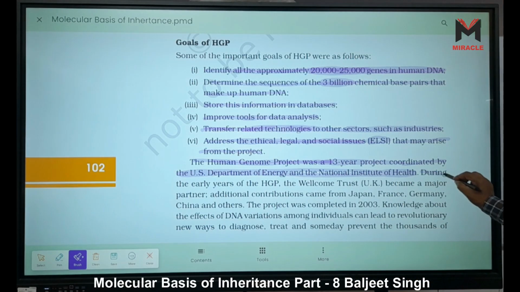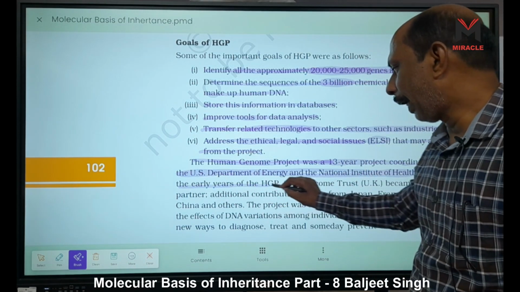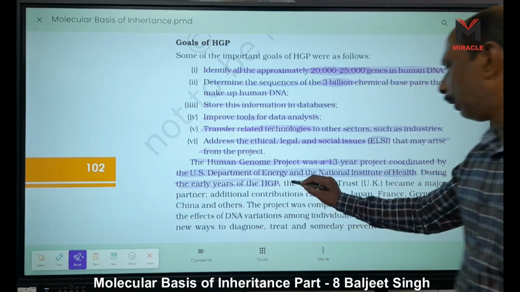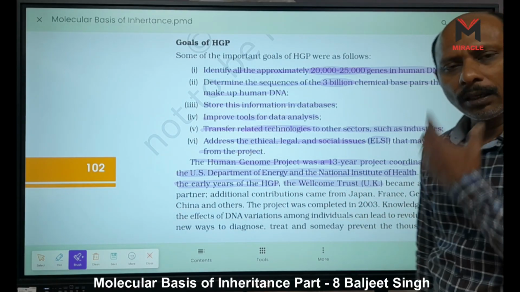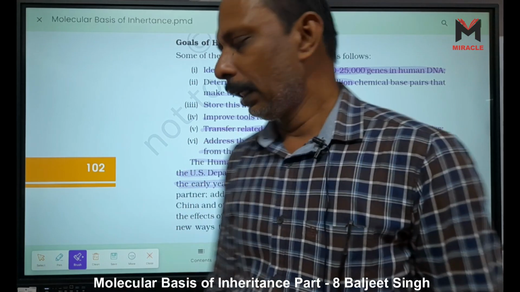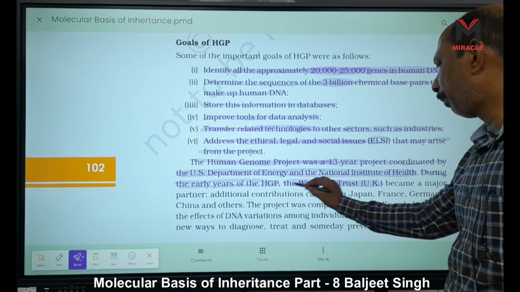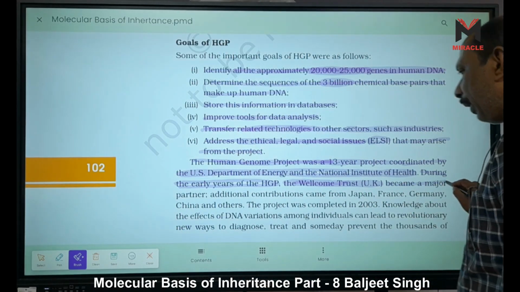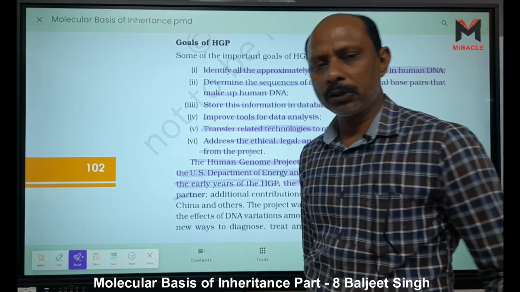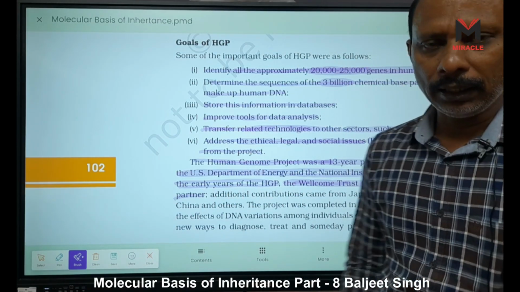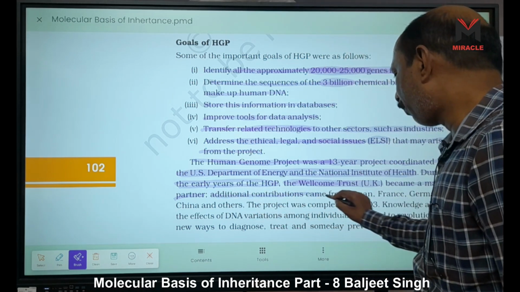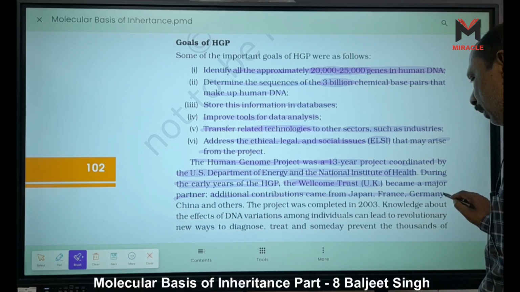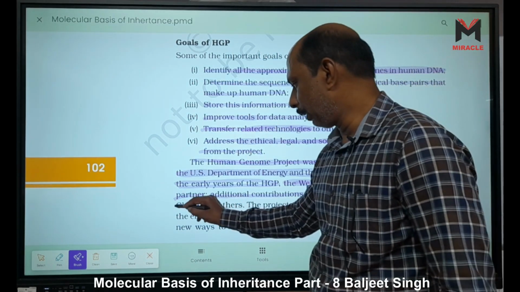During the early years of the HGP, the Human Genome Project, the Wellcome Trust from the United Kingdom became a major partner. Then slowly other countries also came and became partners. Additional contributions came from Japan, France, Germany, China and others.